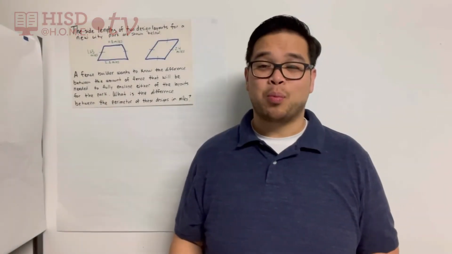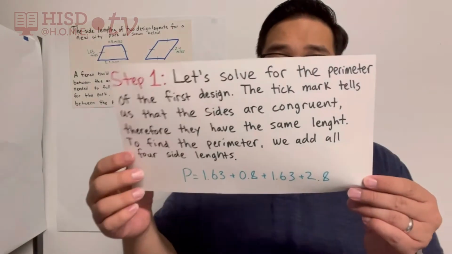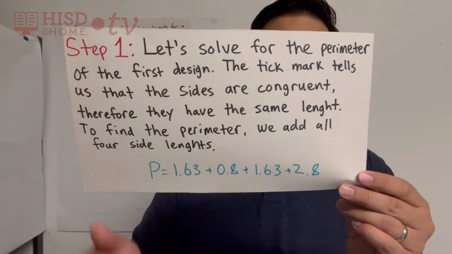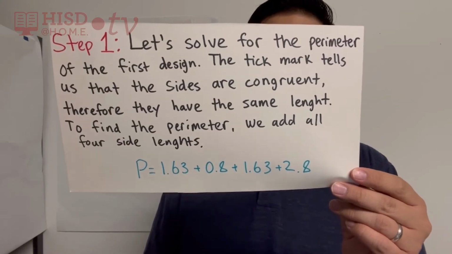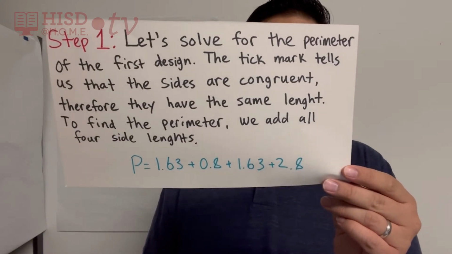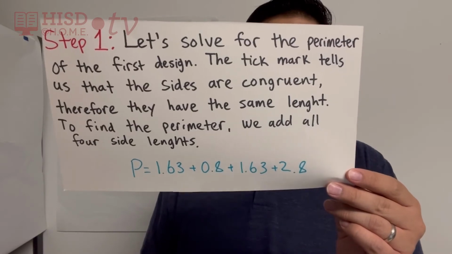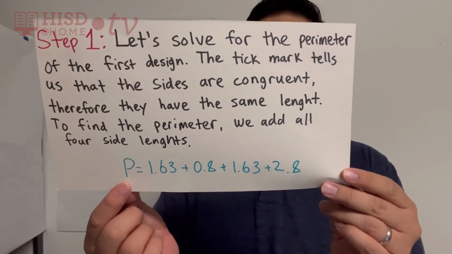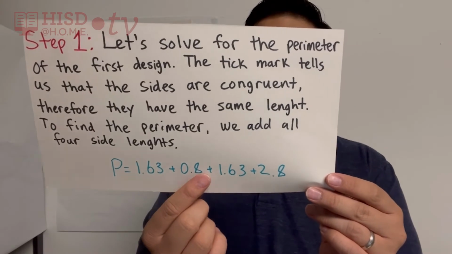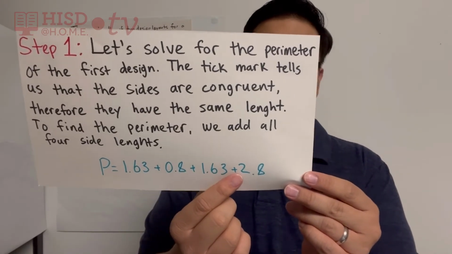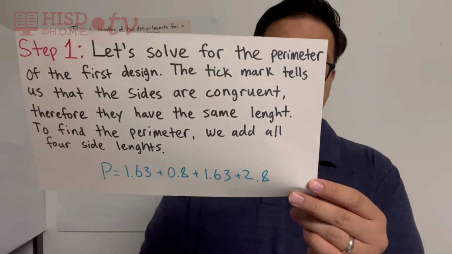All right, so step 1 would be that we're going to solve for the perimeter of the first design. The tick mark tells us that the sides are congruent, therefore they have the same length. To find a perimeter, we add all 4 sides. So P for perimeter, we have 1 and 63/100 plus 8/10 plus 1 and 63/100 plus 2 and 8/10.